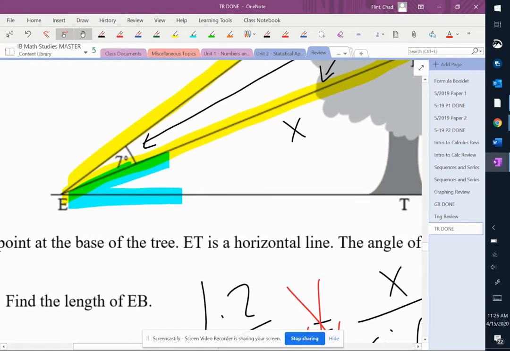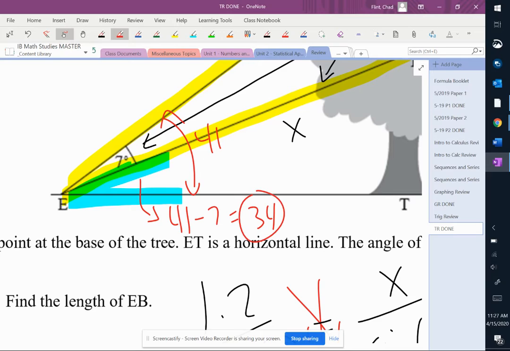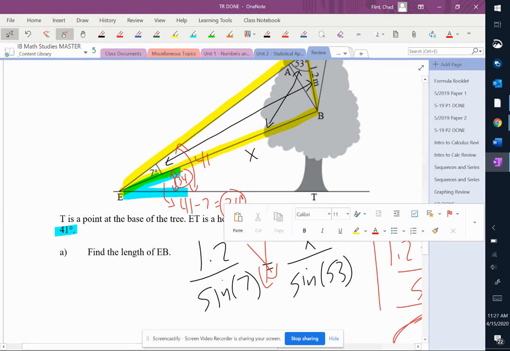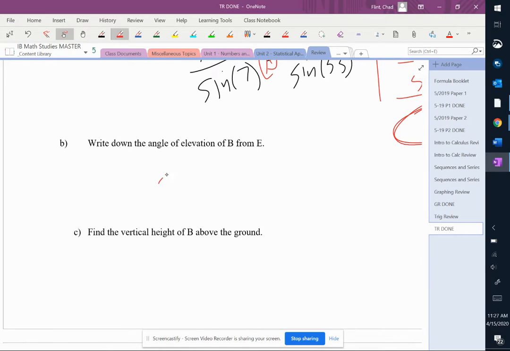So what that means is the angle from here to here is 41, which means that this angle is 41 minus 7, which is 34 degrees. So the angle of elevation from B to E is 34. It's confusing at first, but I think that should hopefully clear it up.